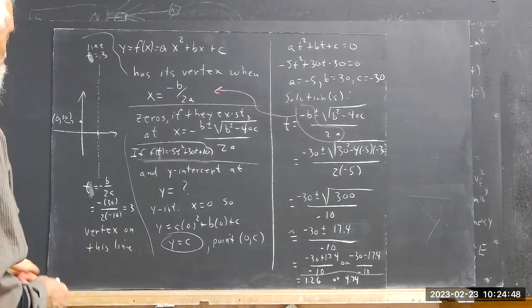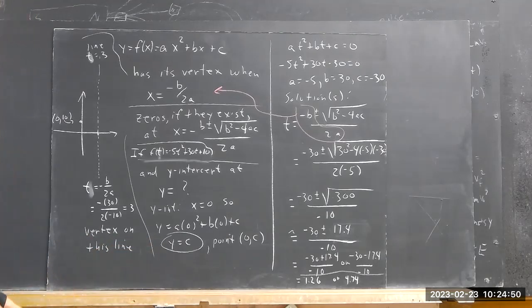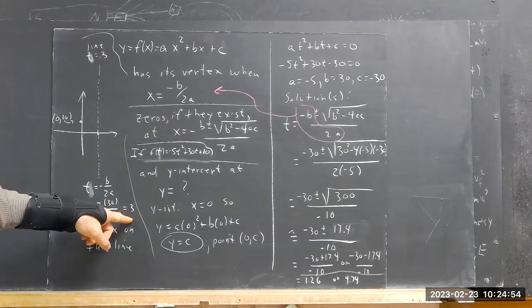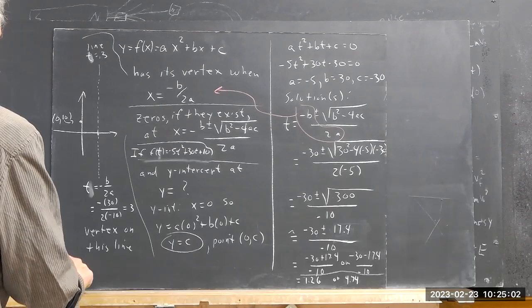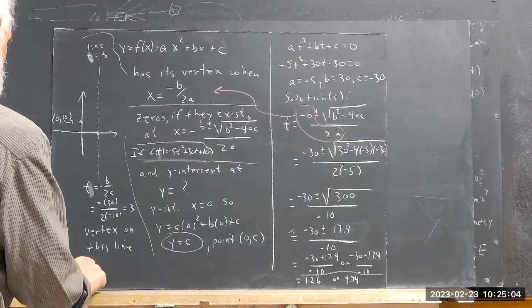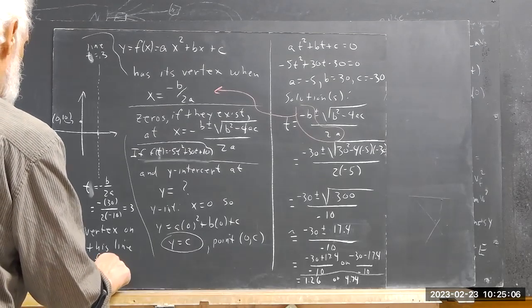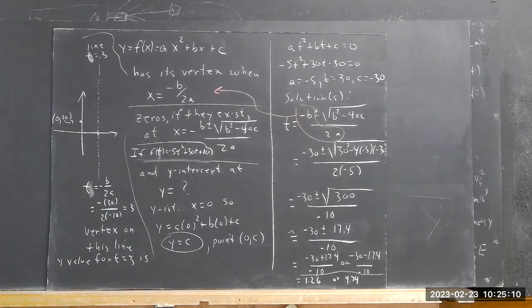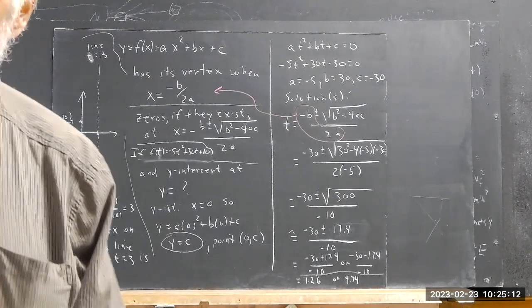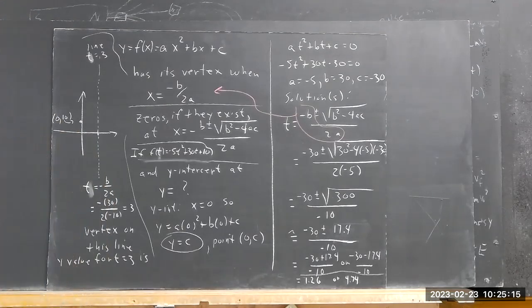Now, forget all that. There's going to be a point on the graph that corresponds to t equals 3. What's the y value for t equals 3? Figure that out.